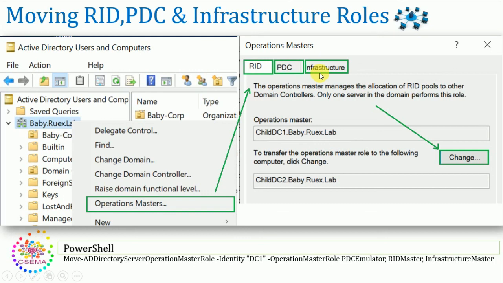You can change all of these by going to the respective tabs and clicking on Change. It will change that as well. Or if you want to do that by PowerShell, just type the same command that we saw, but you have to mention what role you are about to move, and all these roles will be moved to DC1. This is how we can move roles from one to another.